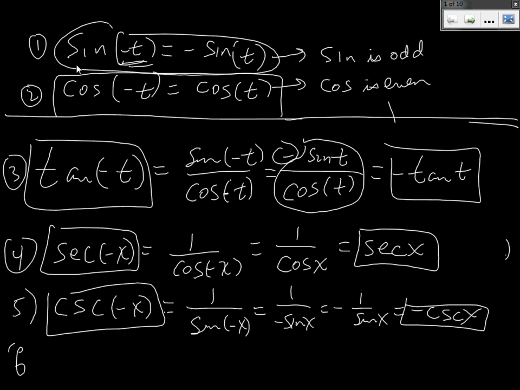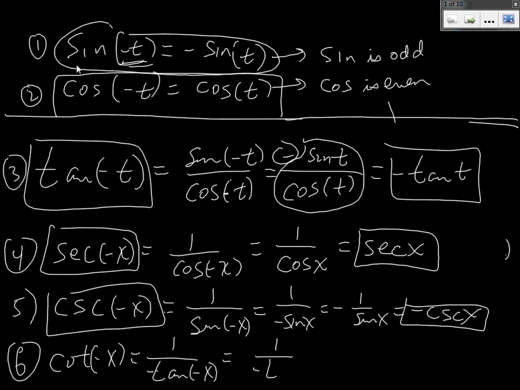And the last one, the cotangent of negative x. Well, that's the reciprocal of the tangent of negative x, but the tangent function is an odd function. That is, the tangent of negative x is negative the tangent of x.